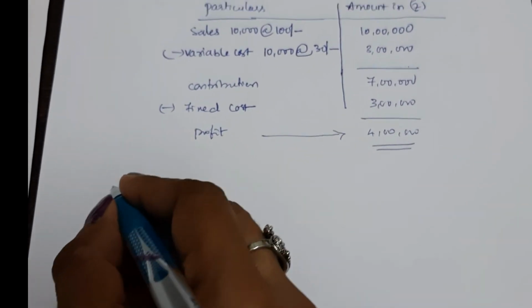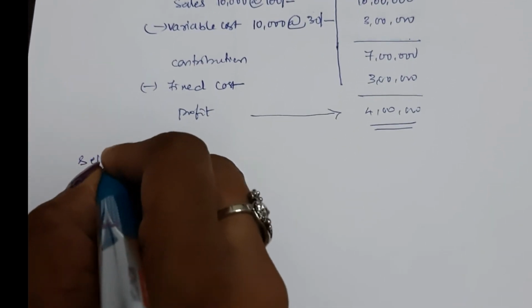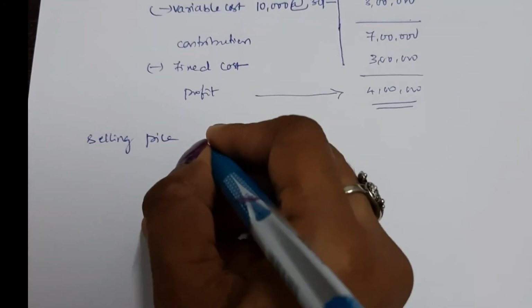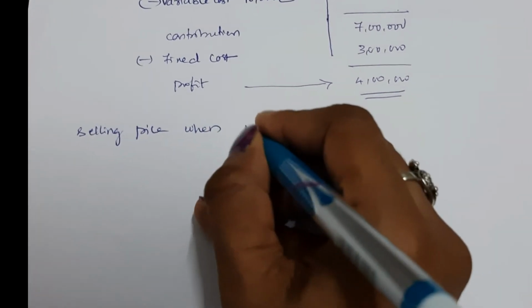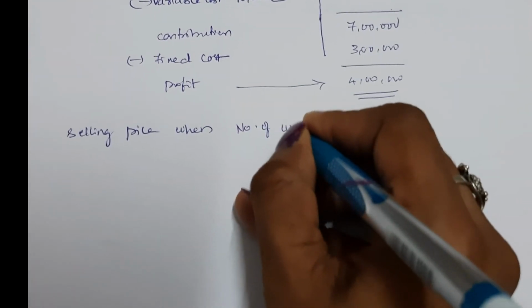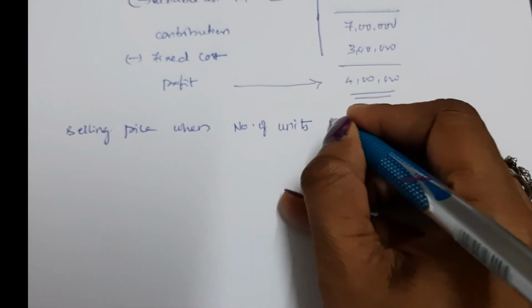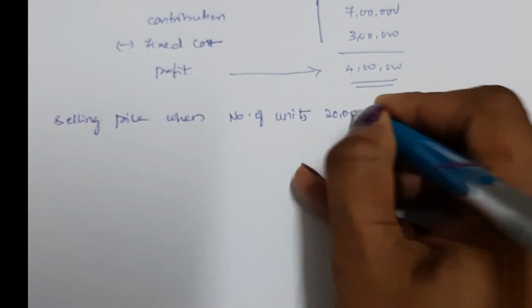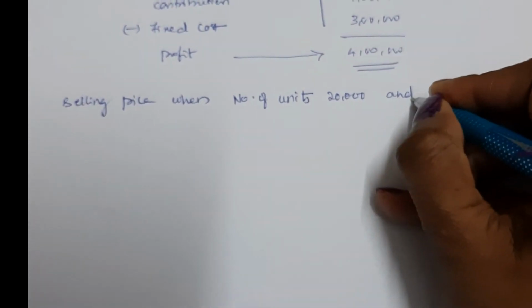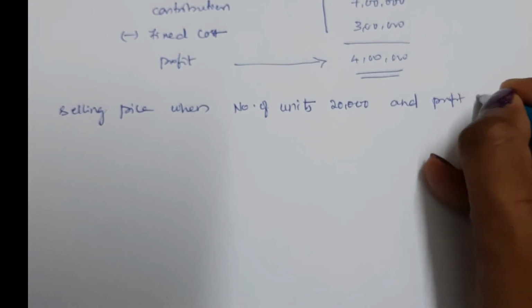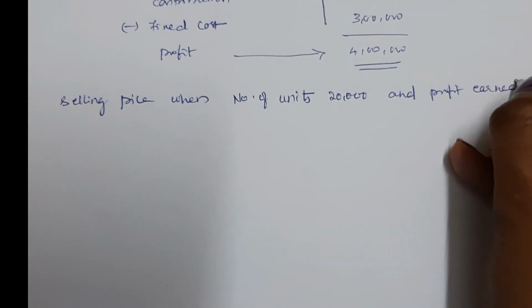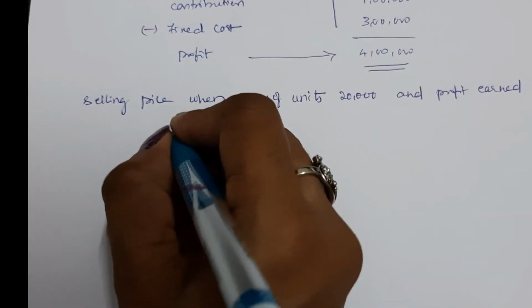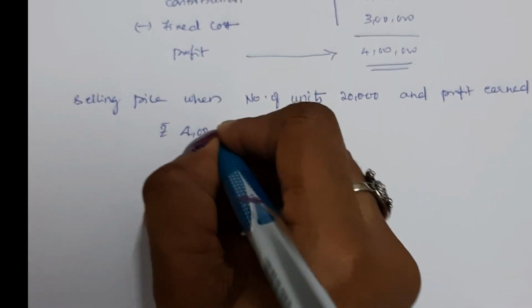Now we need to calculate the selling price when number of units are 20,000 and when we are supposed to earn a profit of rupees 4 lakhs.